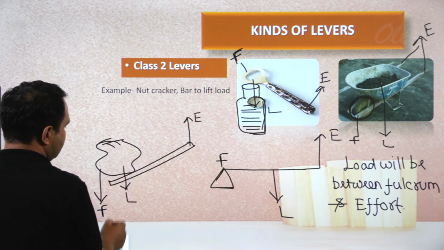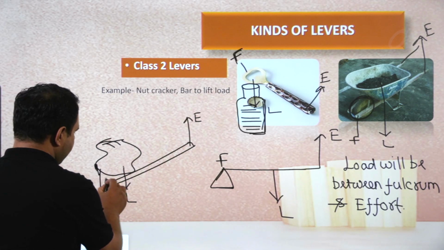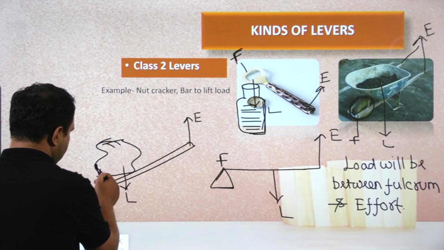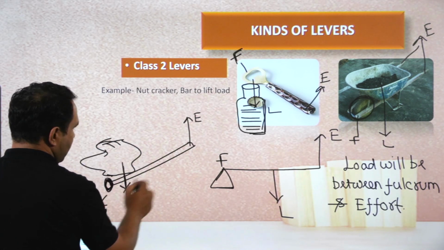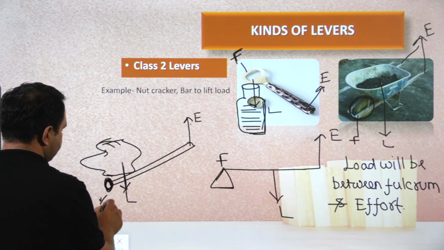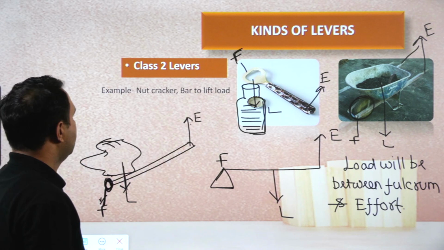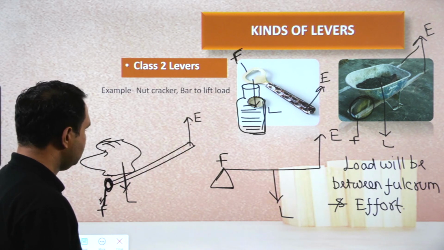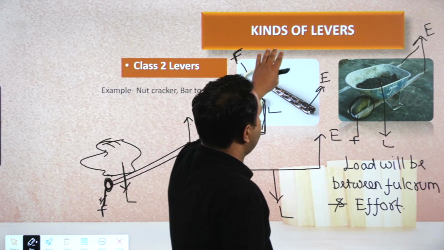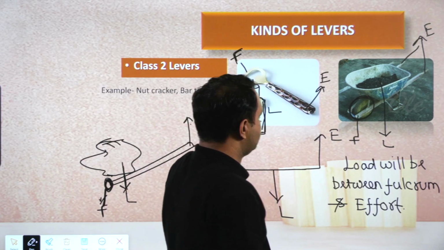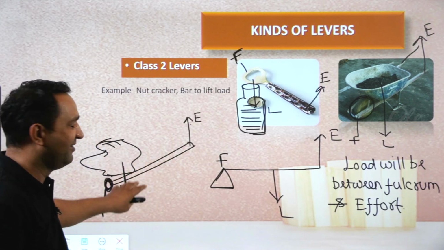Here it is fixed. This point will be fixed, right? Load is this, and here we are applying force. So this is another example of class 2 lever, right? So I think that you must be aware of the class 2 lever with these two examples only. If you want to understand with this too, you can.